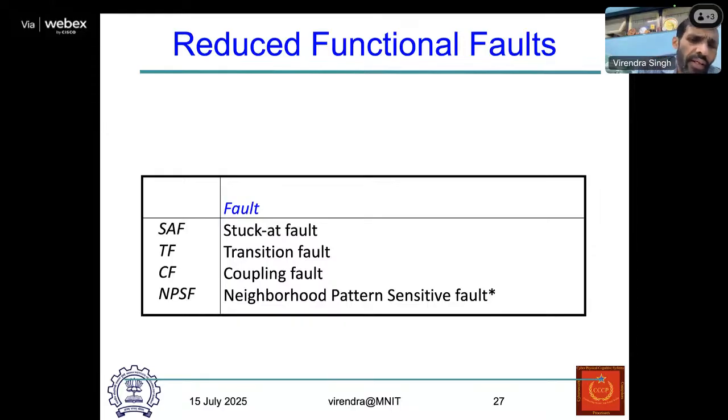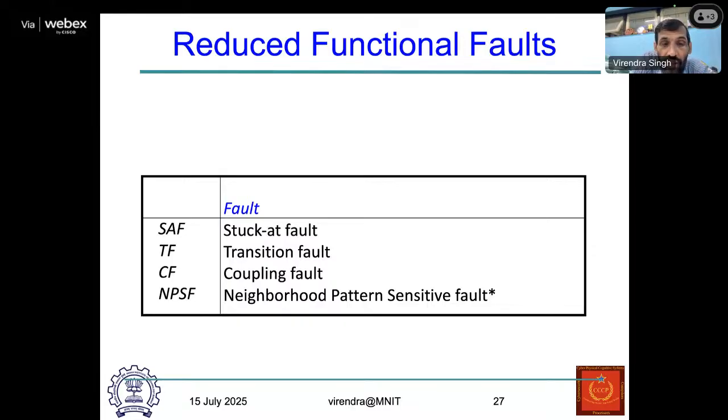Then there can be a possibility that the cell is not stuck to logic 0 or logic 1. However, it may be that if I want to change from 0 to 1, it may not change from 0 to 1 within the given amount of time. So that we call a transition fault. So this may not accept transitions.